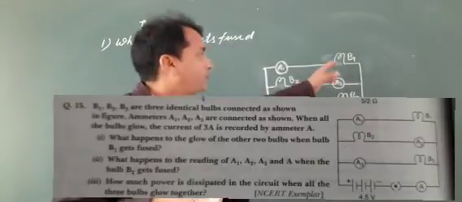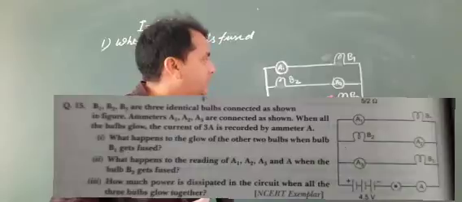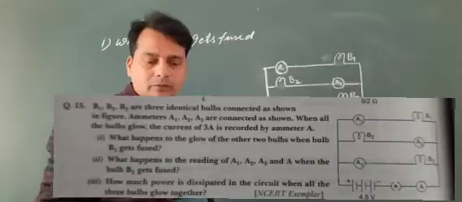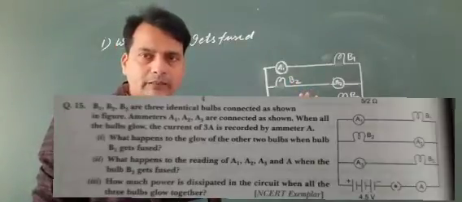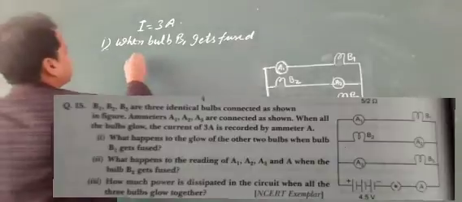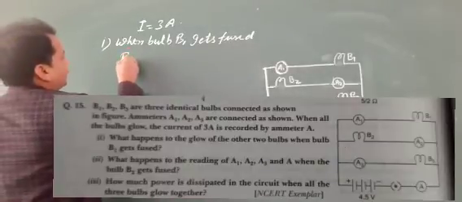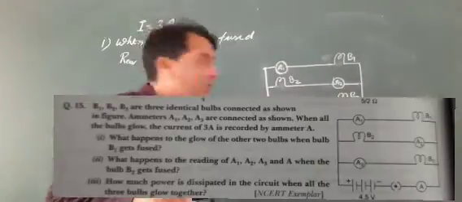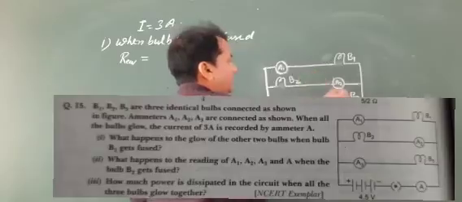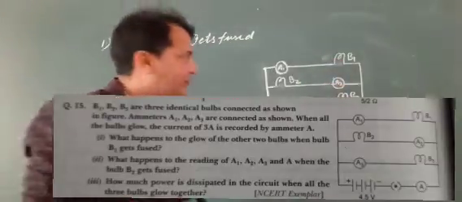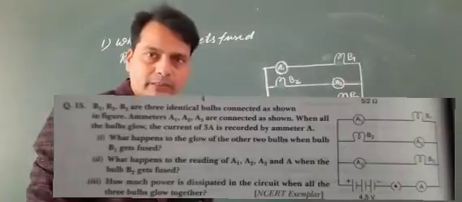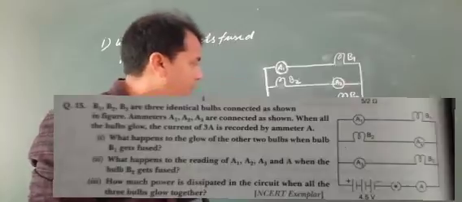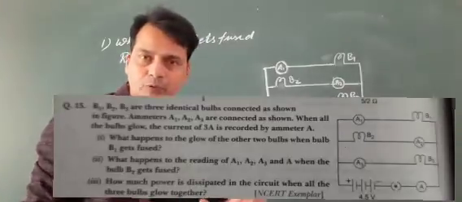B1, B2 and B3 are connected in parallel combination. So let us find the total equivalent resistance here. The bulbs are connected in parallel, the total current flowing in this circuit is 3 ampere, and the potential difference is 4.5 volt.